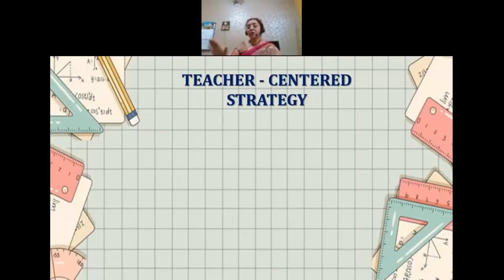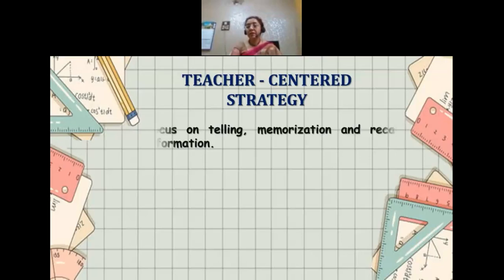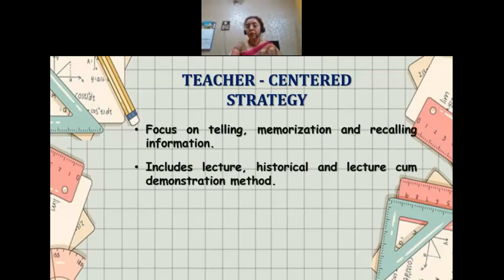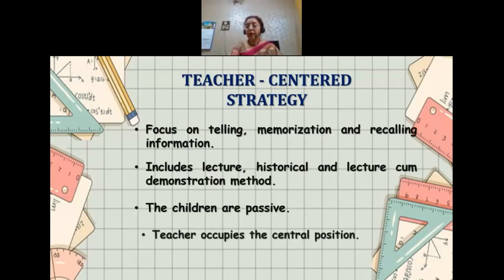There are 2 broad strategies. One is teacher-centered strategy, where the teacher plays the central role, the main position, and we make the lesson planning according to our maturity. So it is more of lecture method, lecture cum demonstration method.